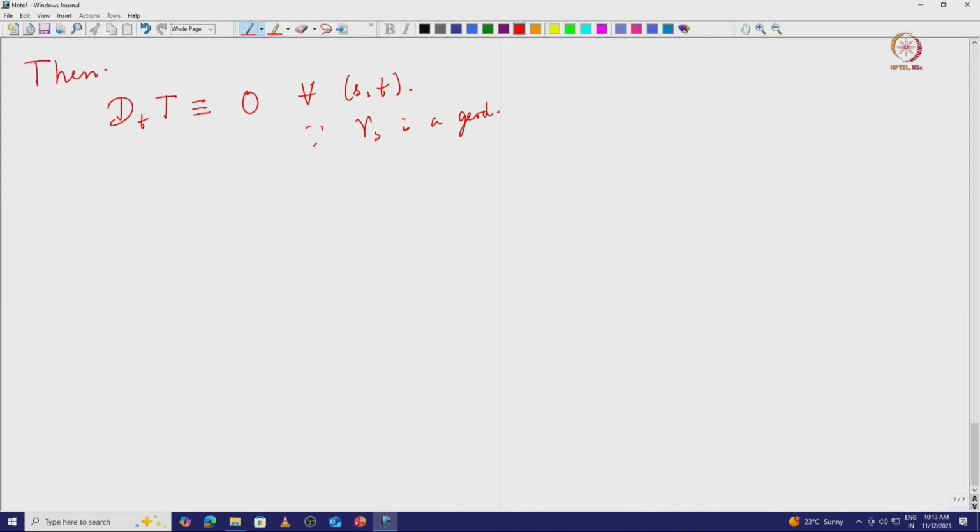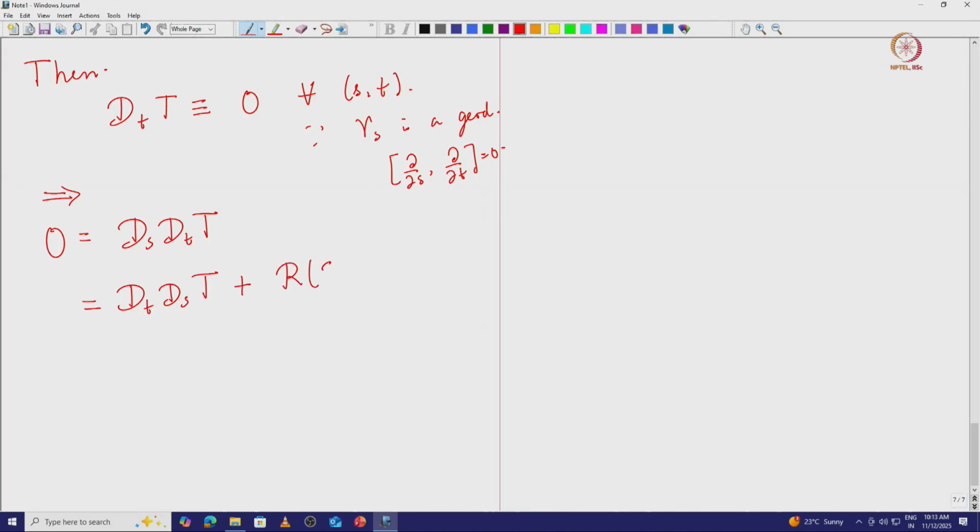Now you differentiate in S. By the definition of curvature and the fact that del by del s and del by del t commute, this is going to be the same as D_t D_s of T plus a curvature term.